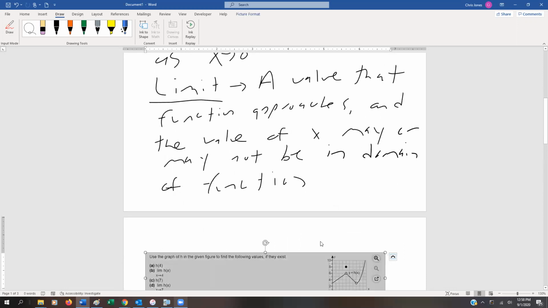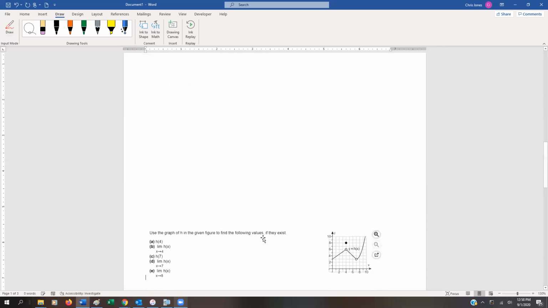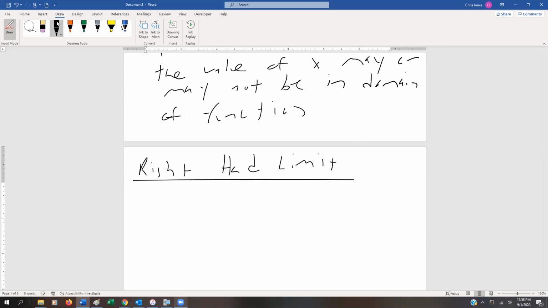Now, before we get to any problems with MyMathLab, I want to explain the idea of a left-handed limit and a right-handed limit. A right-hand limit is when the graph approaches from the right side.